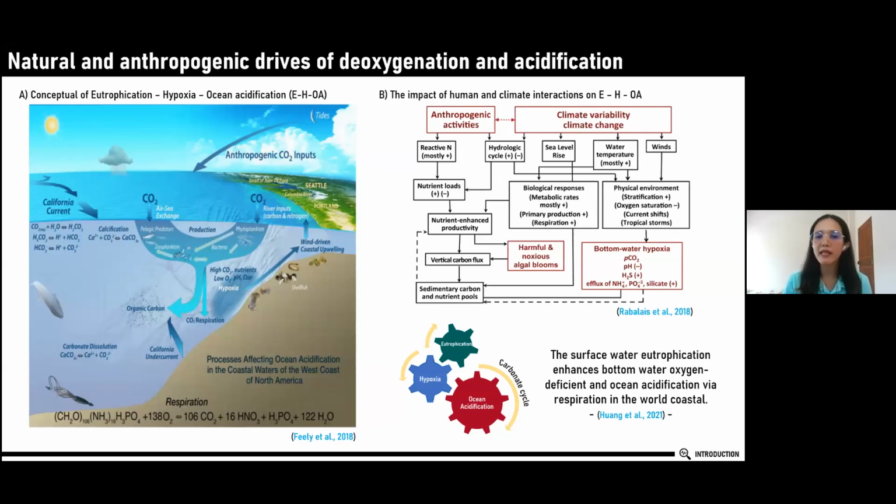The respiration at the bottom increases dissolved inorganic carbon and pCO2 levels, and also lowers pH and DO at the bottom, causing water acidification at the subsurface water in the coastal zone.